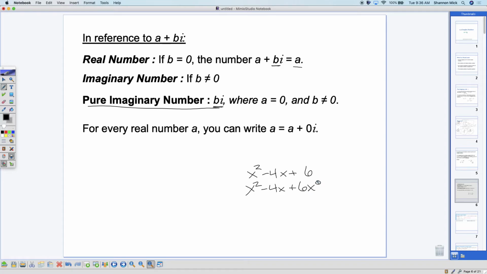Yeah, because what is x to the 0? Just 1. Right, x to the 0 is 1. So I can write this like this if I wanted to, but do I do it very often? You don't need to. And I can write any real number with a plus 0 imaginary number if I wanted to.